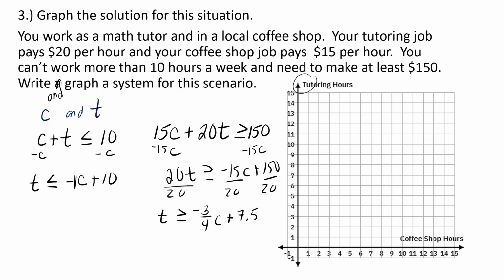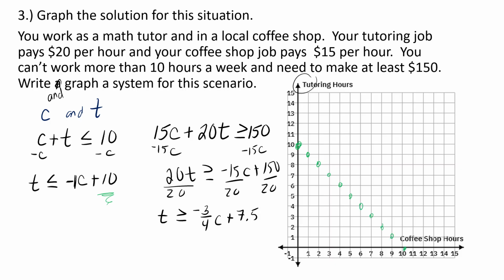Okay, so let's go ahead and get those graphed and see what we see. So I'll use green for this first one. The y-intercept on this first one is 10, and the slope is -1. So I would come down 1 and right 1. And so that line goes there like so.